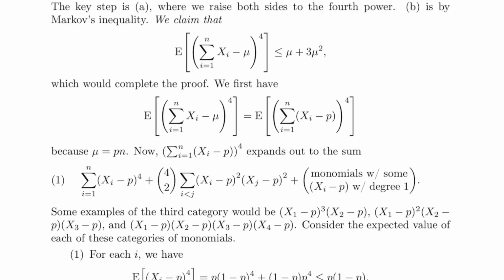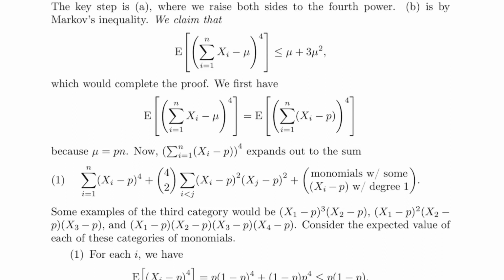Now, the sum of xi minus p taken to the fourth expands out to the sum over i equals 1 to n of xi minus p to the fourth, plus 4 choose 2 times the sum over coordinates i less than j of xi minus p squared times xj minus p squared, plus a bunch of monomials that have at least one xi minus p term with degree 1.